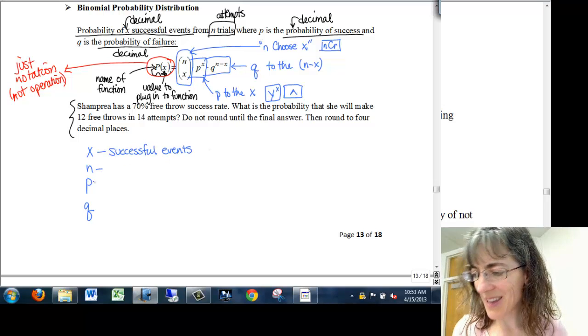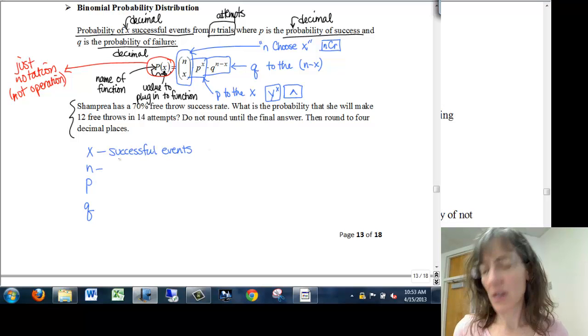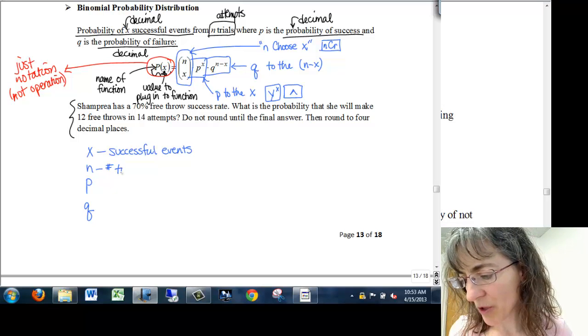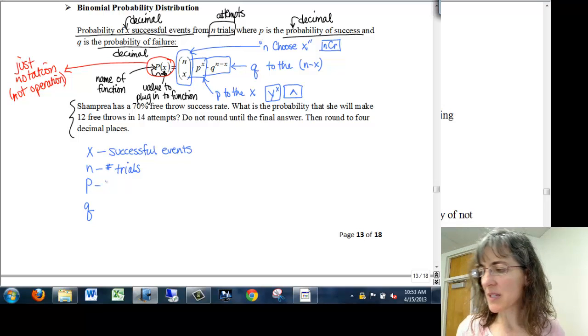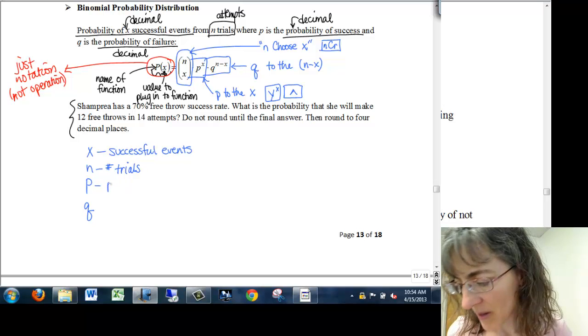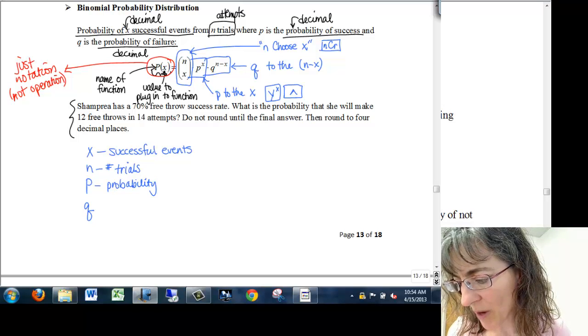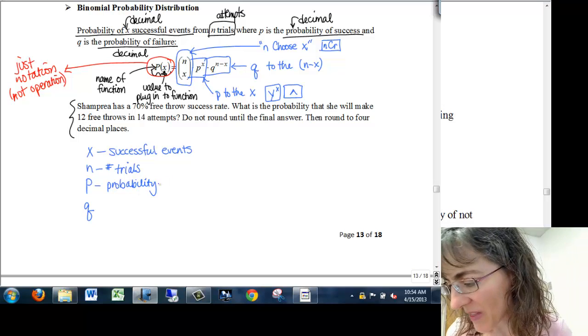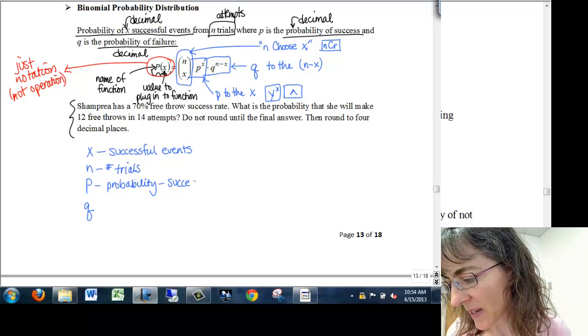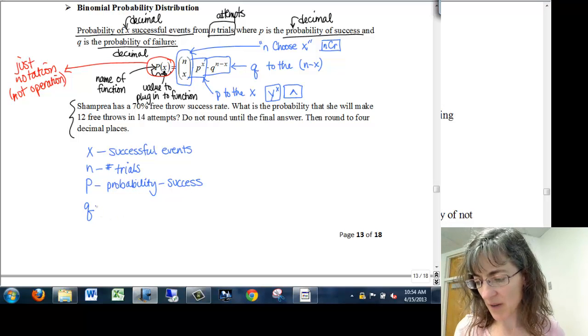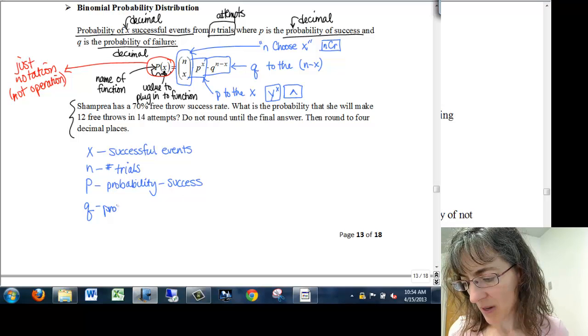Okay, and what does N stand for? Number of trials. And what does P stand for? Probability of success. And what does Q stand for? Probability of failure.